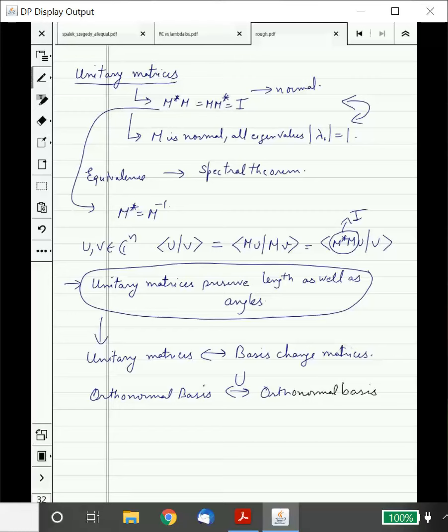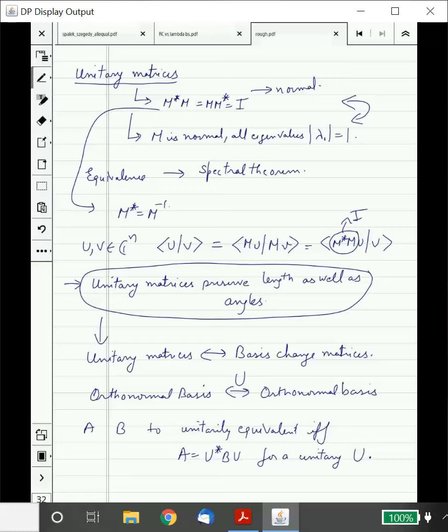We define A and B to be unitarily equivalent if A is equal to U dagger B U for a unitary U. This means we are looking at B in a different orthonormal basis.